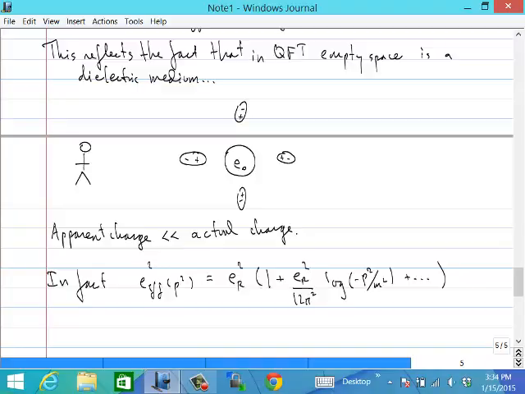That 1 here is the leading tree level term, and this term here is the one loop term. And all of these subleading terms come from 2 loop and higher terms.